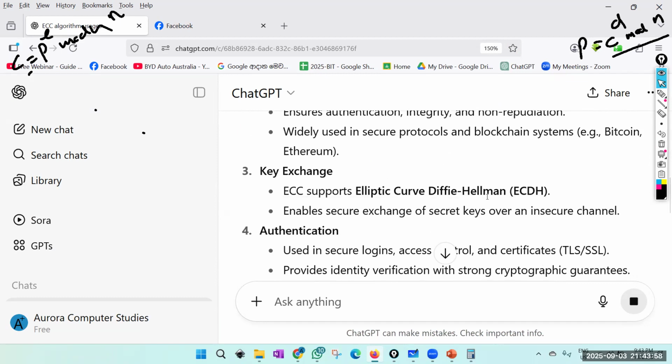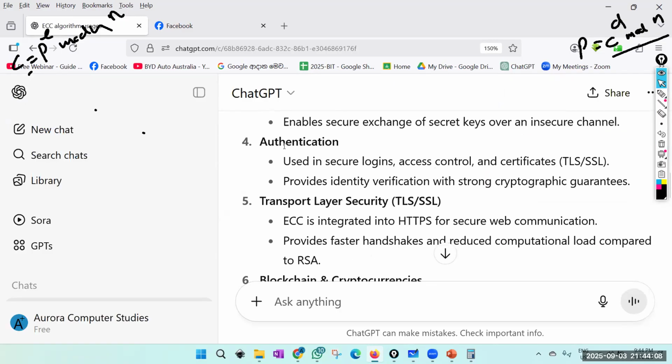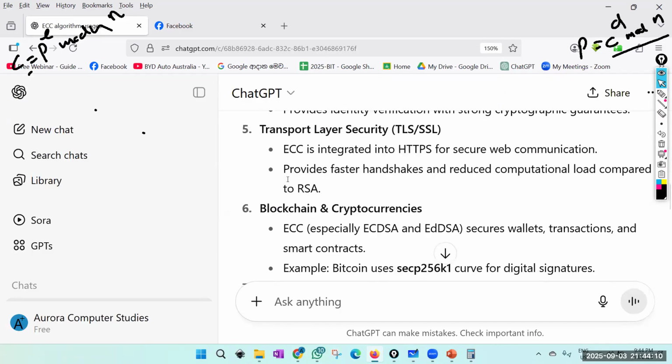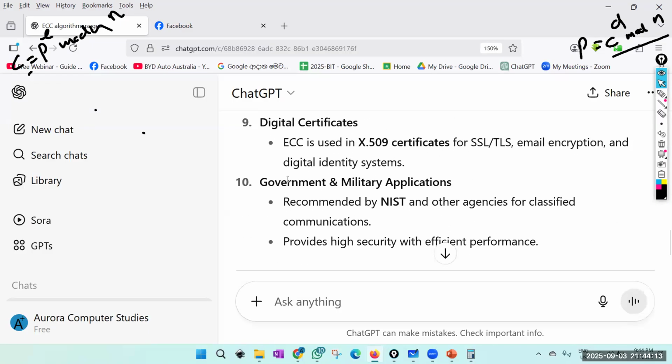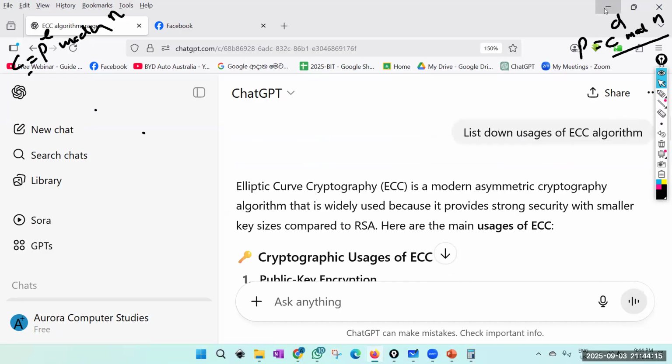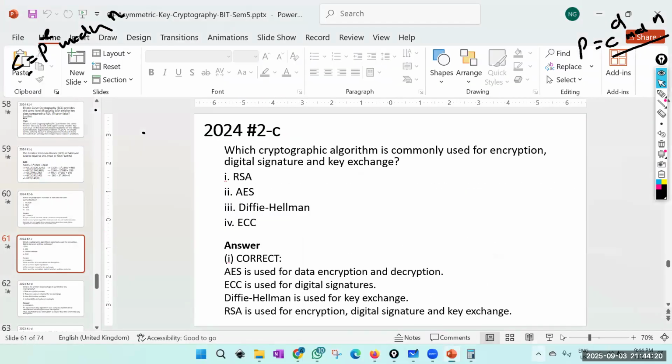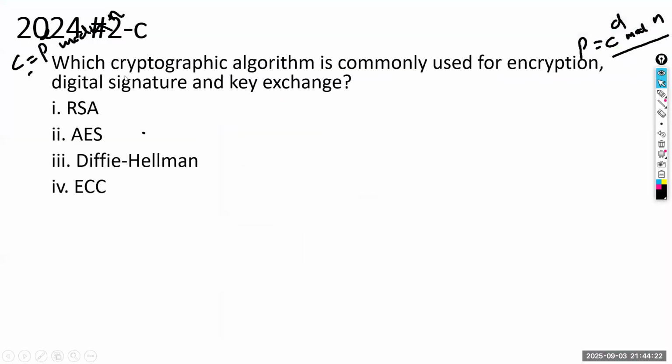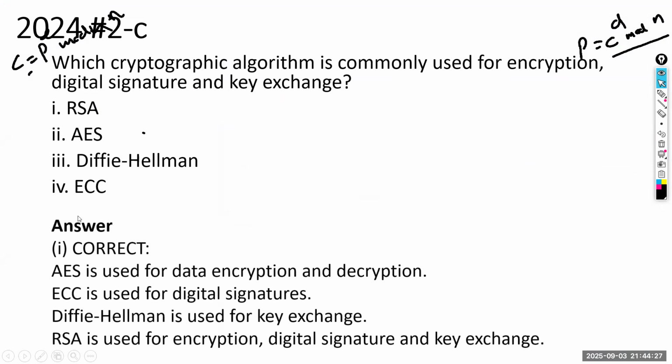Yeah, there's a variation of Diffie-Hellman for elliptic curve, but anyway, it's not a major thing. So authentication is because it's digital signing, okay? So many usages, but you can see definitely ECC is also used for digital signing. So it says which one can be used for digital signing. The examiner has mentioned only one, but for me, both one and four are correct. Okay.